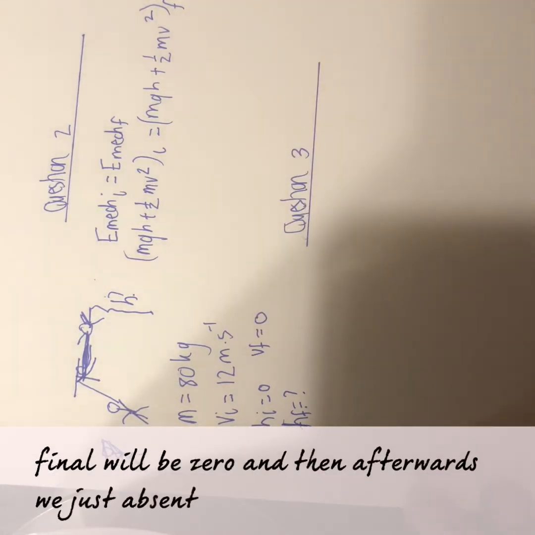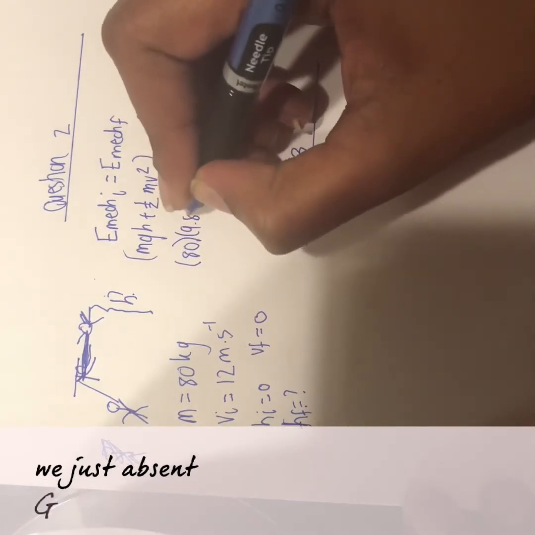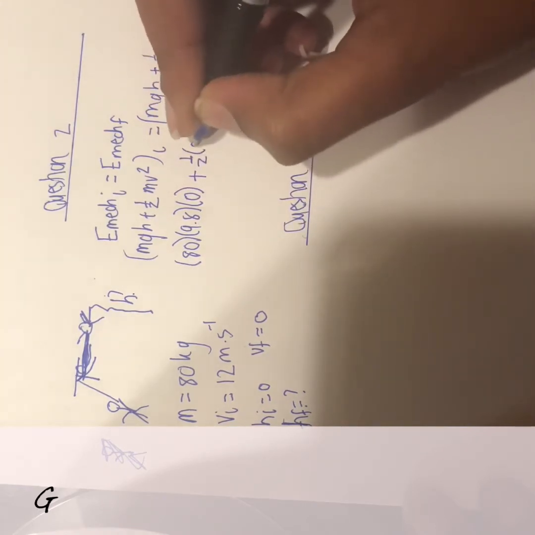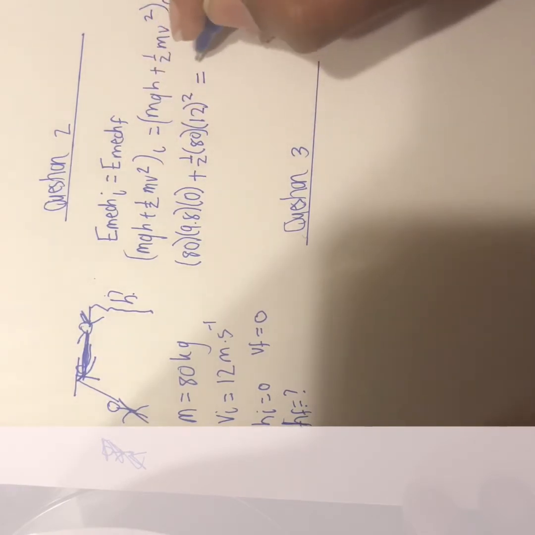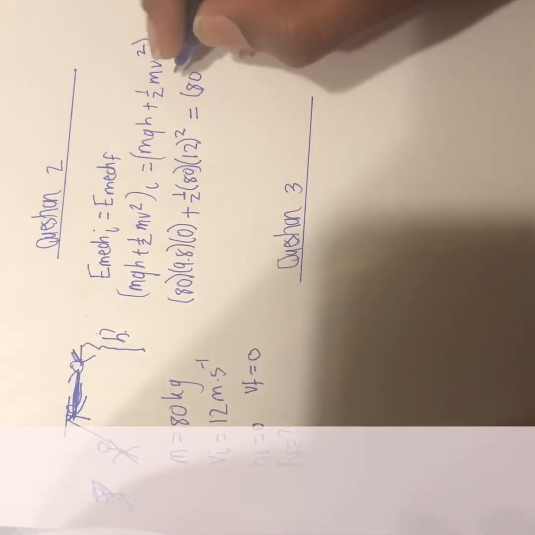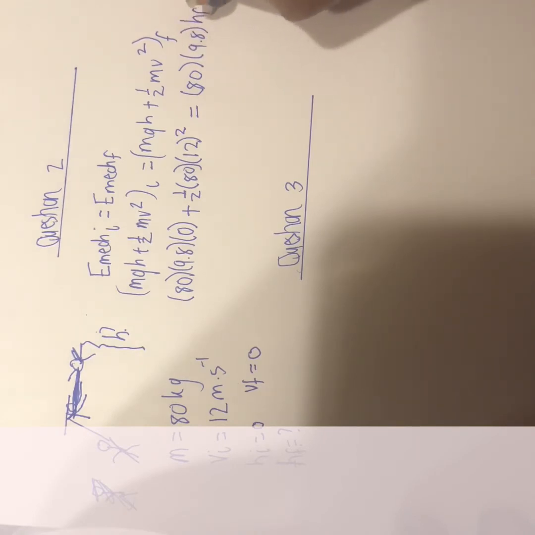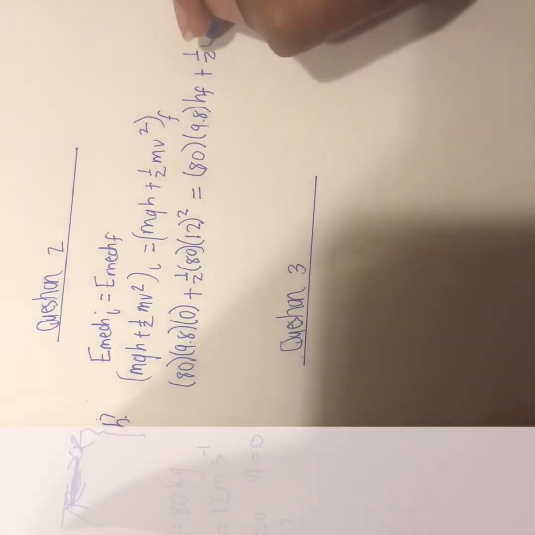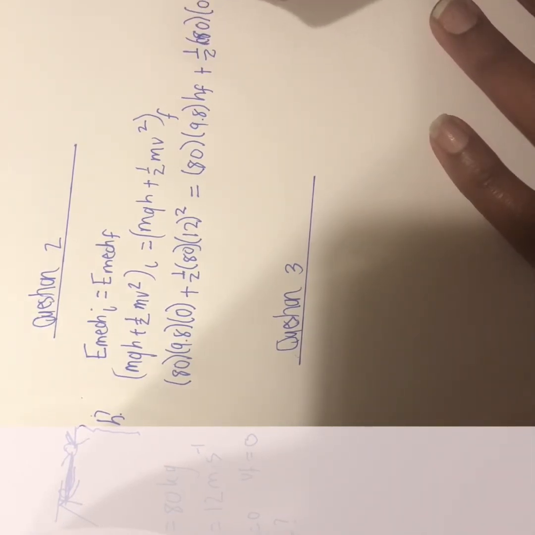And then afterwards, we just substitute. So the mass is 80, g is 9.8, height initial is 0, plus a half, 80, v initial is 12 squared, equal to 80 times 9.8, height final, which is what we are looking for, plus a half, m is now 80 and v final is 0.